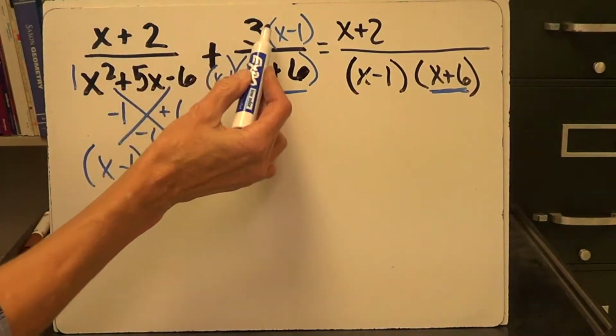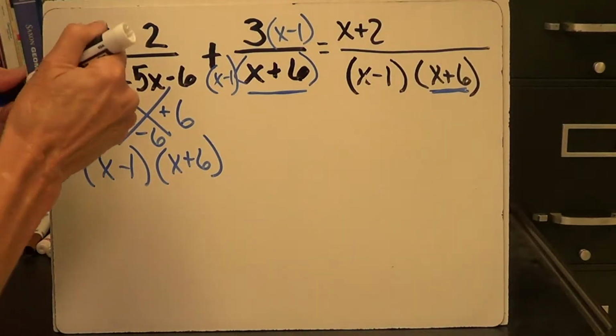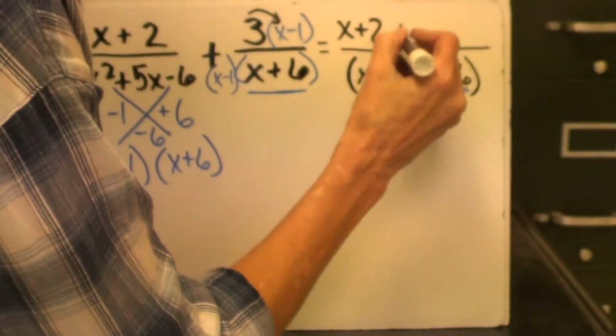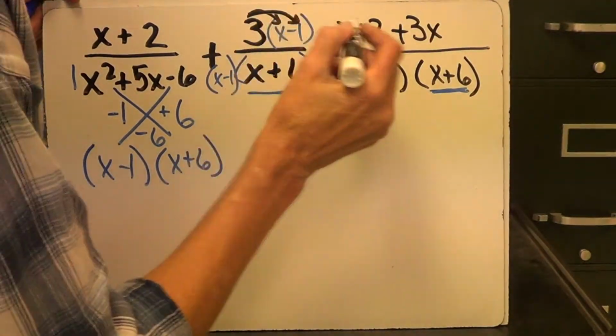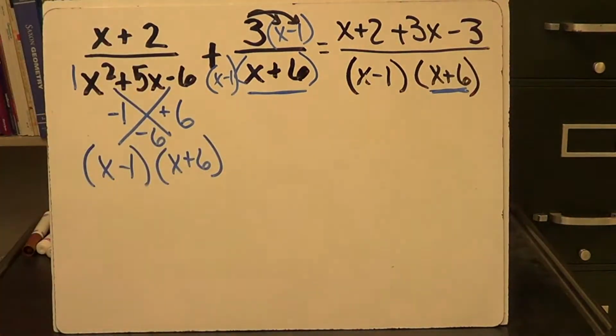So we have positive 3x, because we're just distributing. So we have plus 3x. 3 times negative 1 would be negative 3. Now, take your top numbers, the numerator numbers, and combine them.